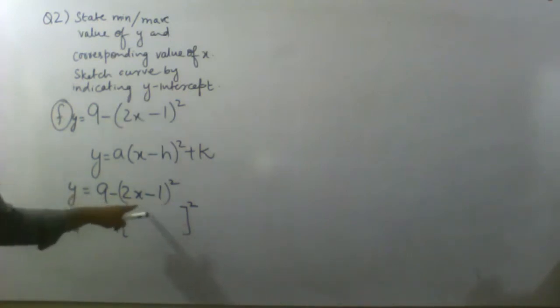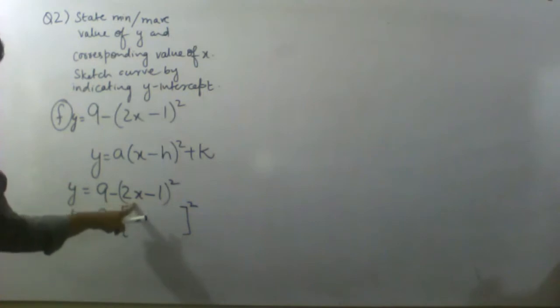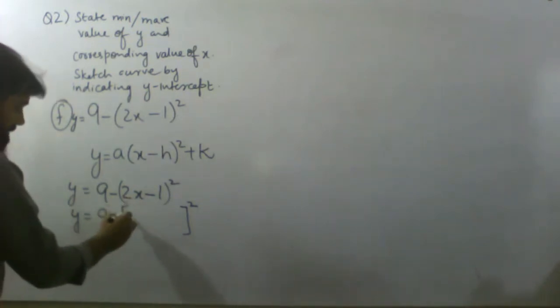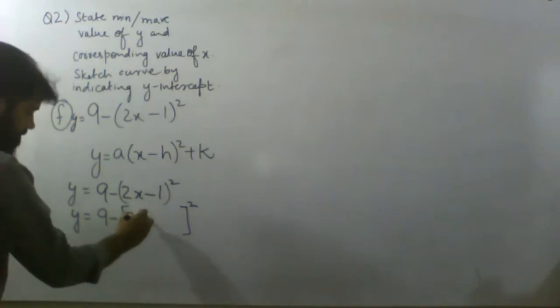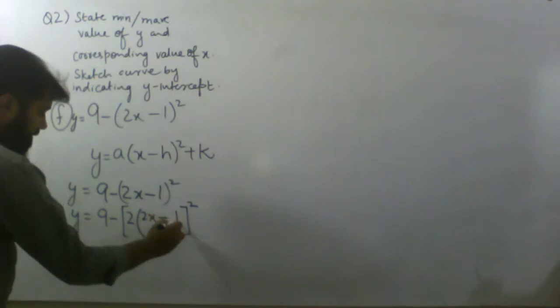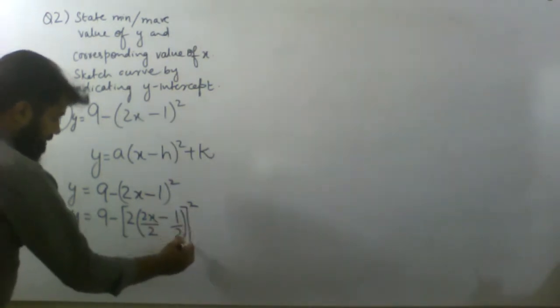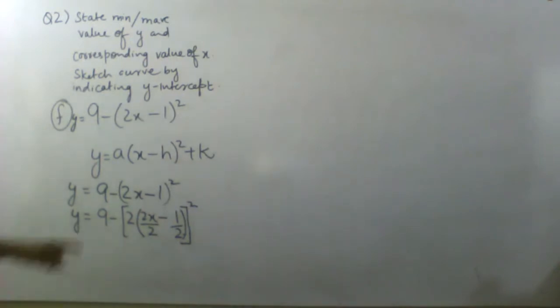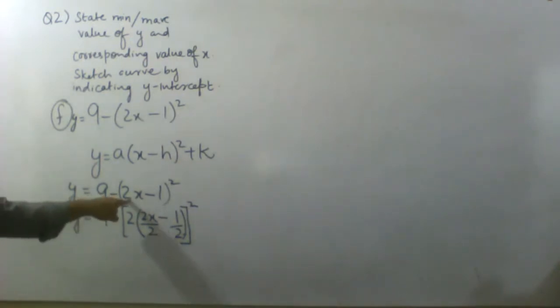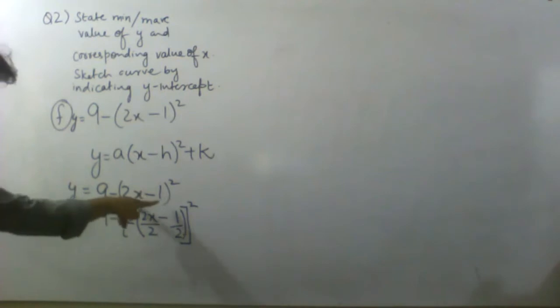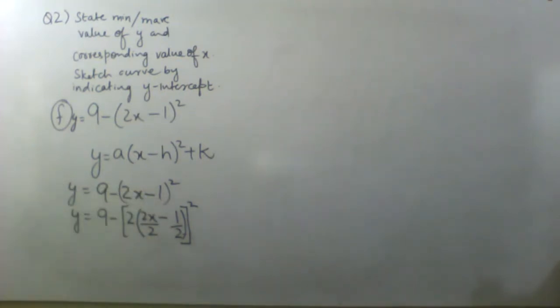When the coefficient of x is not positive 1, then take the coefficient of x common, whatever that is. The coefficient of x is 2, so I'm writing 2 over here. When we take common, basically we divide every term by that number which is being taken as common. 2 is the coefficient of x, I don't need it, so I have taken it common. Taking common means I have written it outside, and then these two terms are being divided by 2 over here.